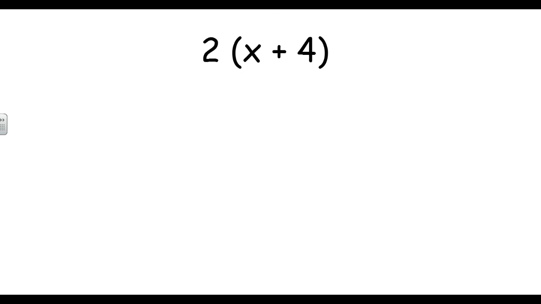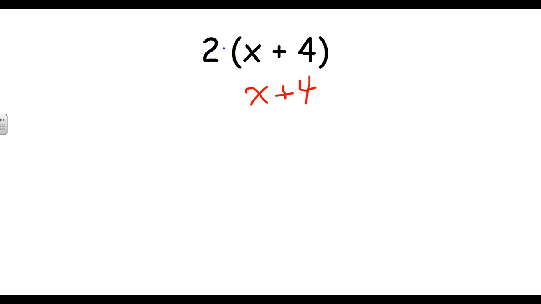So this is 2 times a quantity x plus 4. Now what that means is we have this x plus 4 in parentheses, and we're multiplying that whole thing by 2. So really what we have is 2 copies of x plus 4. Not 2 copies of the x only, or 2 copies of the 4 only, but 2 copies of everything.